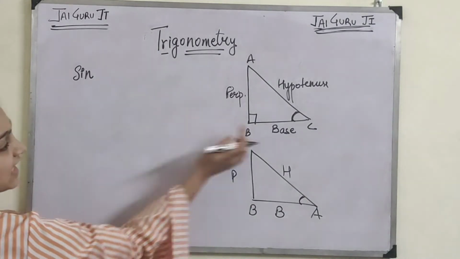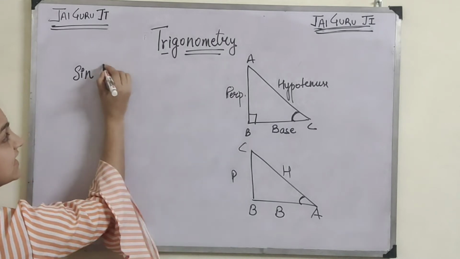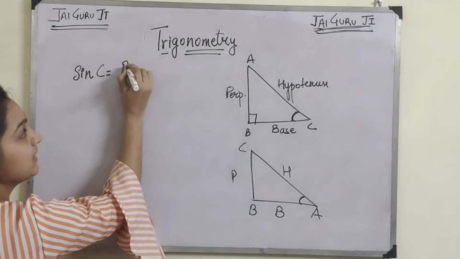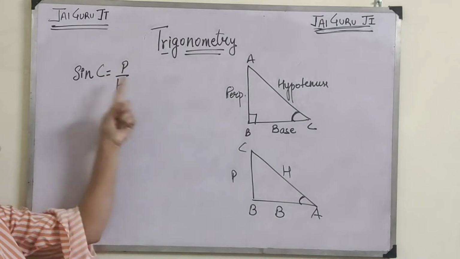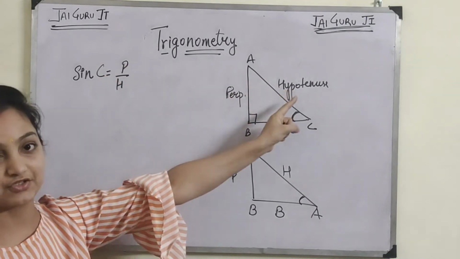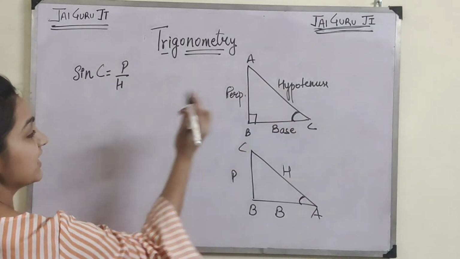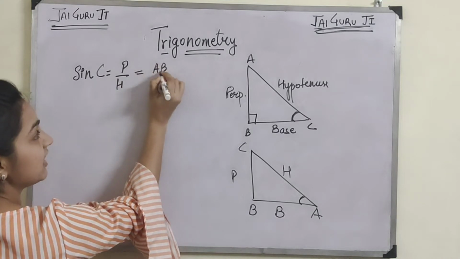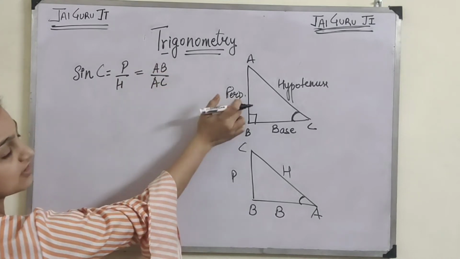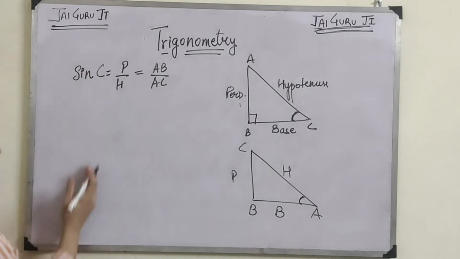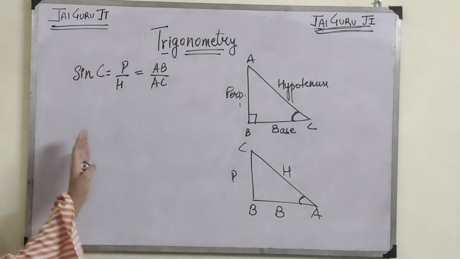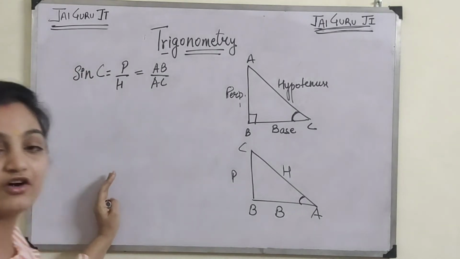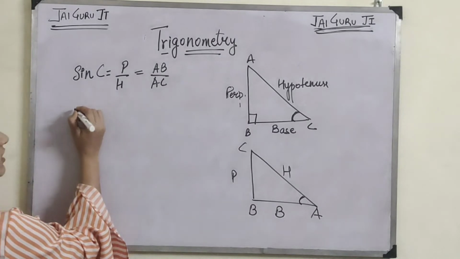Now, sine, I am taking this figure, sine C, that is P upon H. I am writing P for perpendicular, H for hypotenuse. This is P upon H, meaning AB upon AC according to this figure. These are the certain ratios which you should know for this chapter. You should learn this.